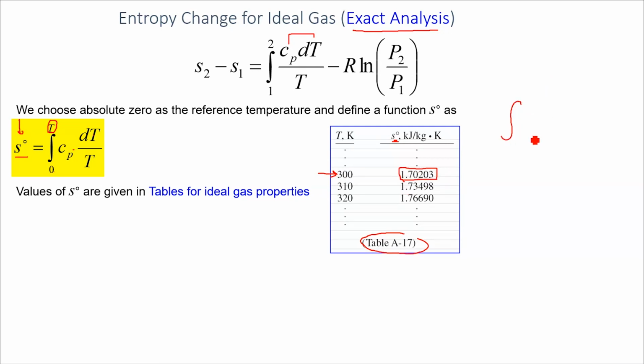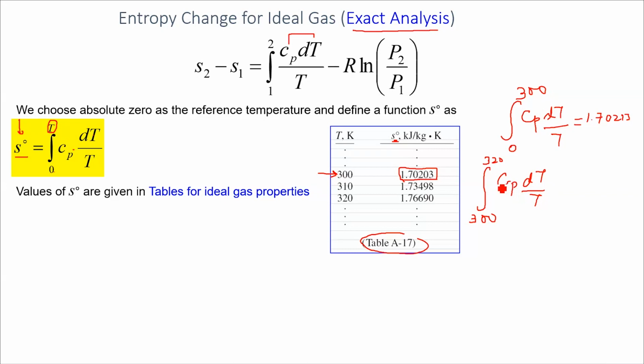That means for 0 to 300, the integral of Cp dT over T has already been calculated for you, and the value is 1.70203 kilojoules per kg per Kelvin. Now, let's say I have to do the integration of Cp dT over T from 300 to 320 Kelvin. One approach is that I plug in Cp in terms of temperature and do the integration myself.